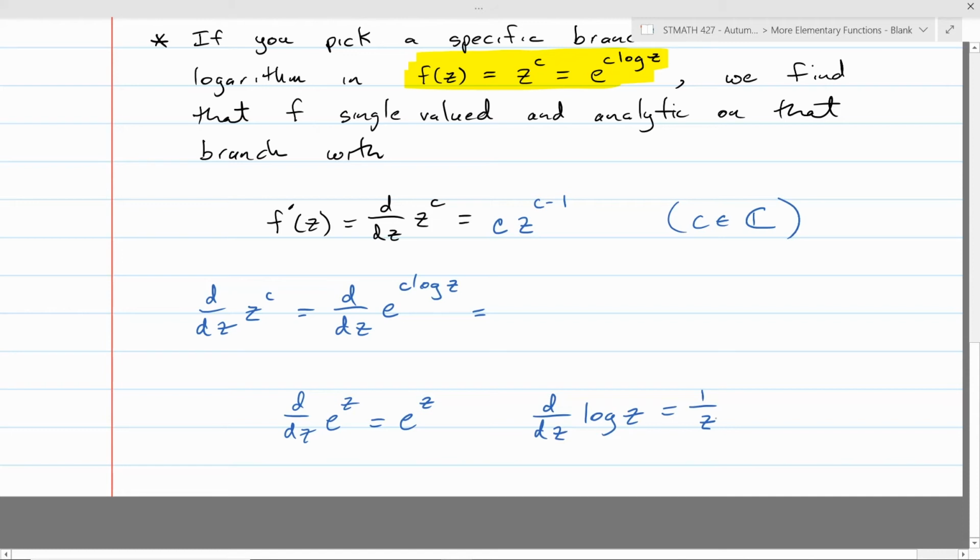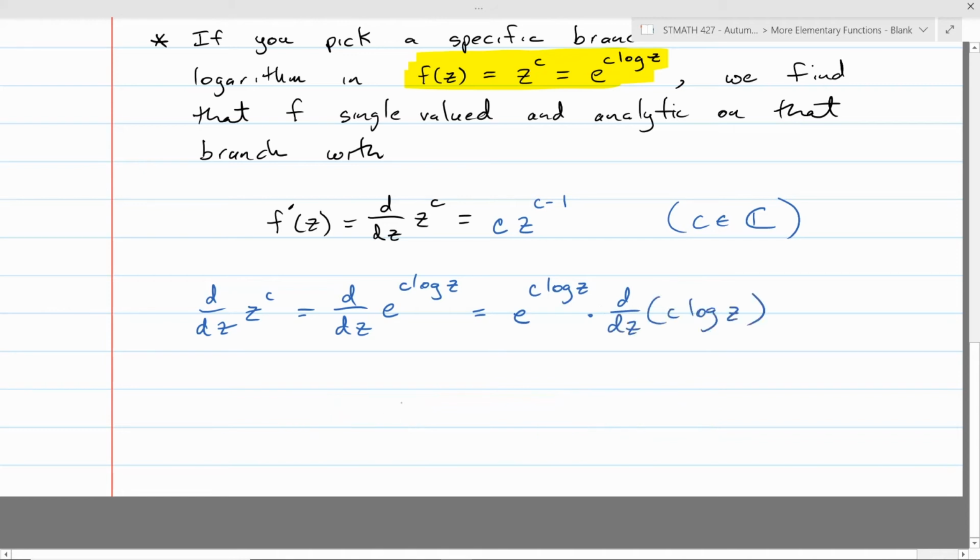So we can use those facts from before to compute this derivative above, and you'd get e to the c log z, because the derivative of e to the z is e to the z, but then you got to multiply times the derivative of the inside function using the chain rule. So you'd then multiply times the derivative with respect to z of c log z. Then we can use the linearity property to pull the c out of the way. So we get e to the c log z times c times 1 over z. So we can write the 1 over z as 1 over e to the log z, like this. That's just using an identity that we knew from before.